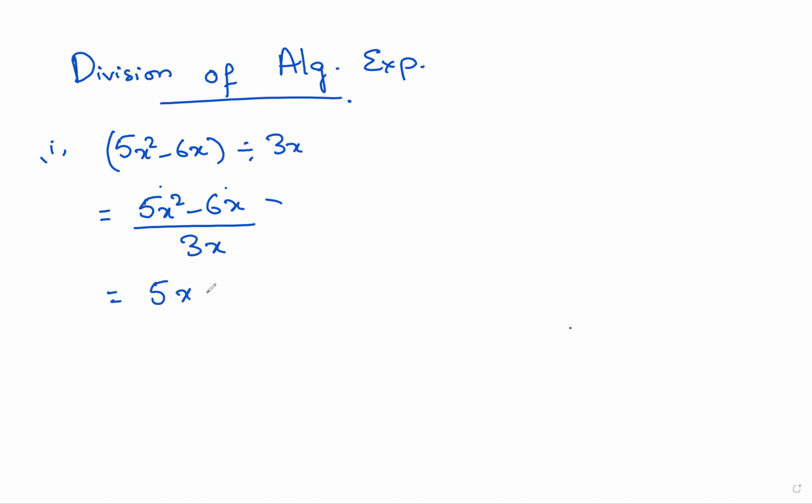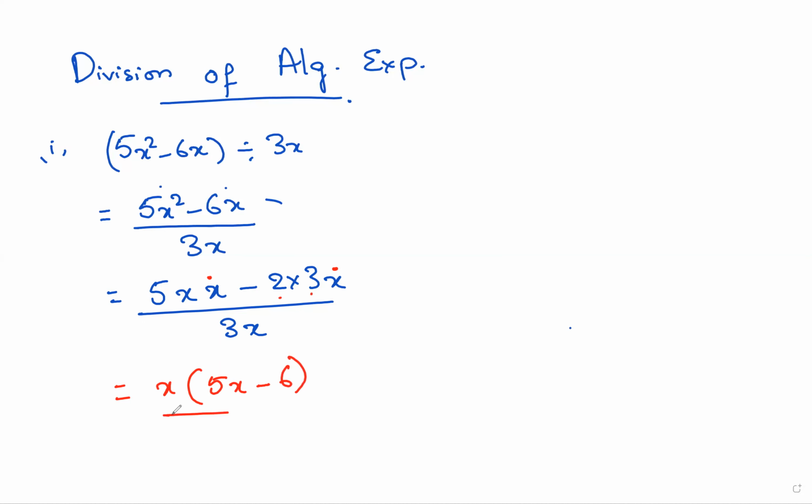5x square, 5x into x minus 2 into 3x divided by 3x. Now tell me what is common in the first two terms, x and x. So let me take x common. What is left out? 5x minus 2 into 3, 6 divided by 3x.